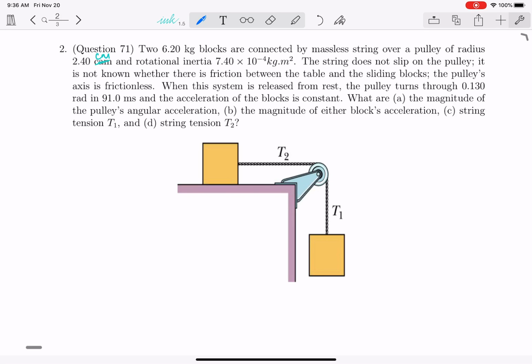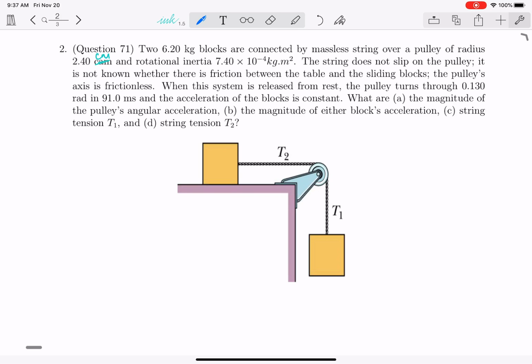It is not known whether there is friction between the table and the sliding block. The pulley's axis is frictionless. When the system is released from rest, the pulley turns through 0.130 radians in 91 milliseconds, and the acceleration of the block is constant. What is the magnitude of the pulley's angular acceleration, the magnitude of either block's acceleration, string tension 1 and tension 2?